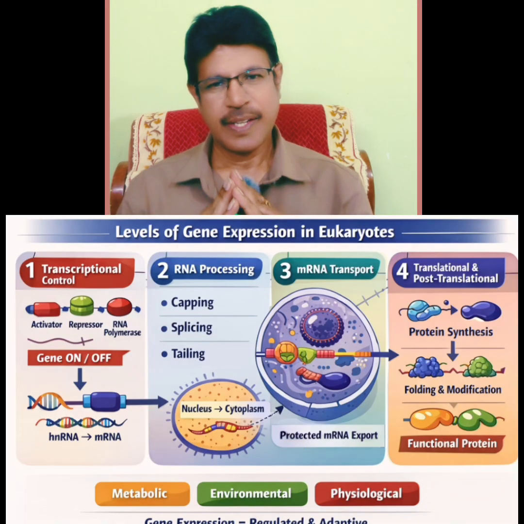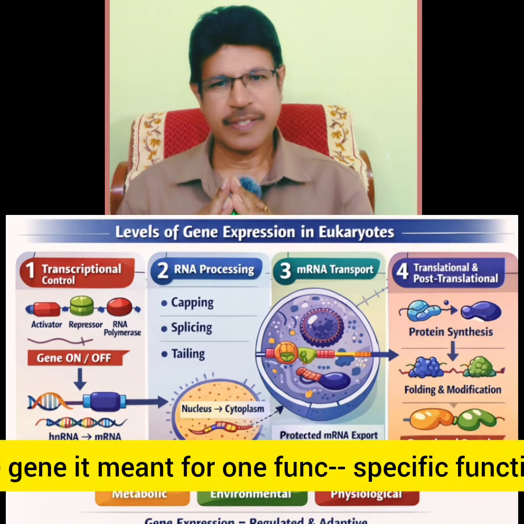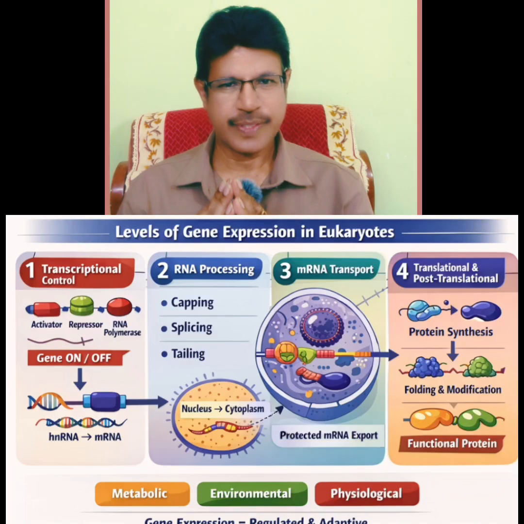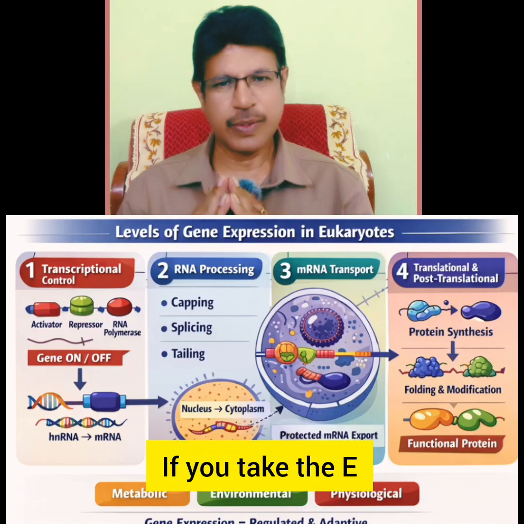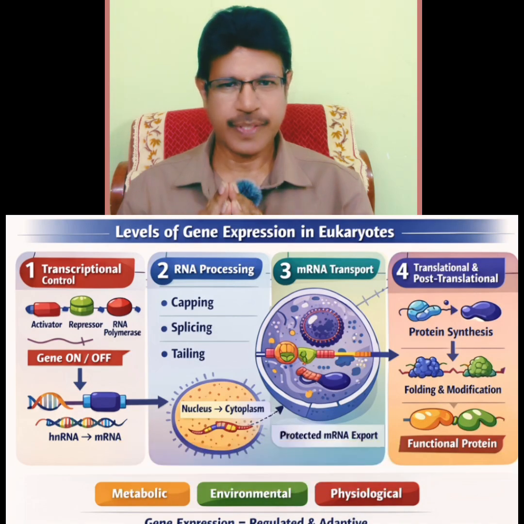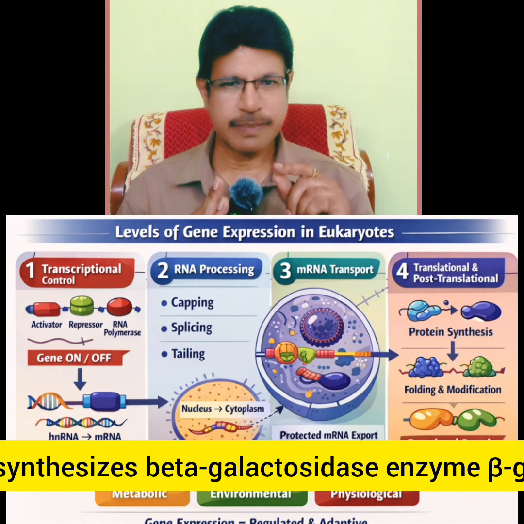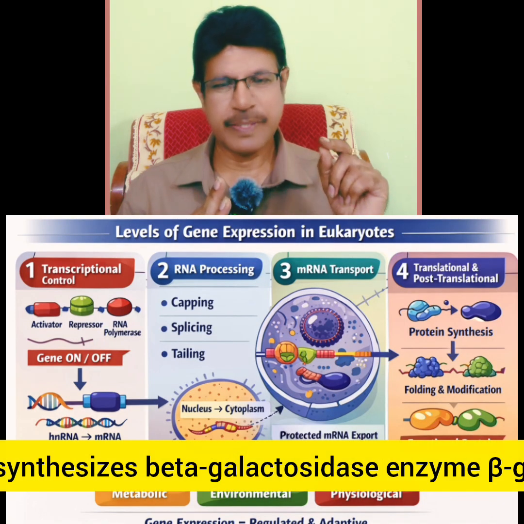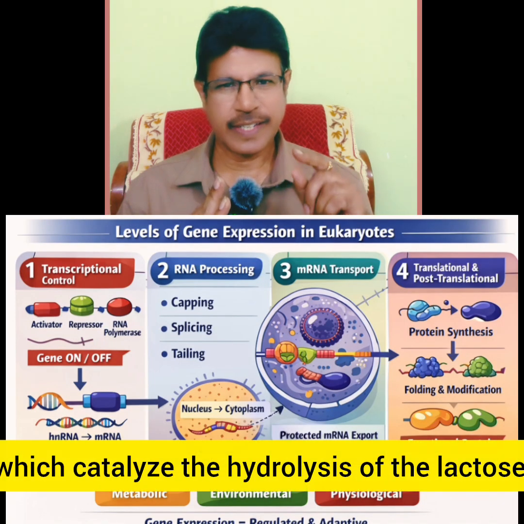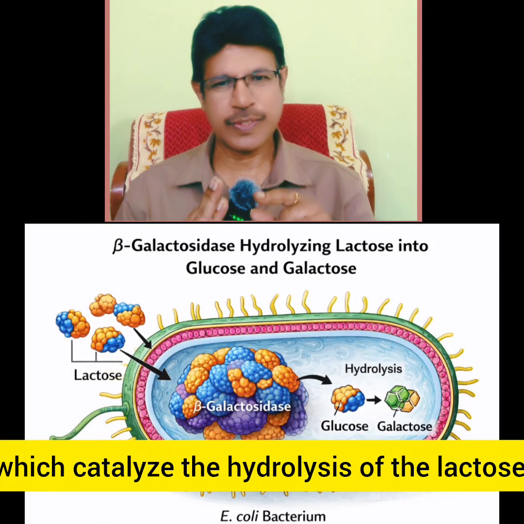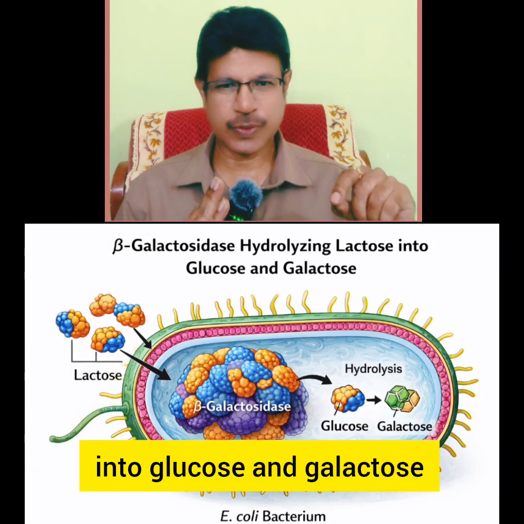Next, a gene is meant for one specific function or a set of functions. If we take E. coli, Escherichia coli, it synthesizes the enzyme beta galactosidase, which catalyzes the hydrolysis of lactose into glucose and galactose.